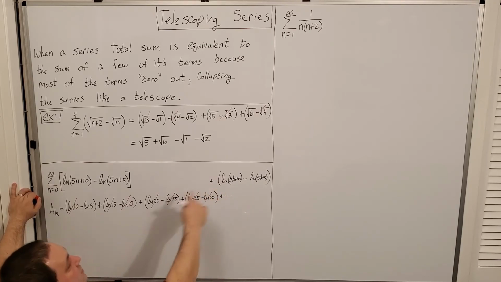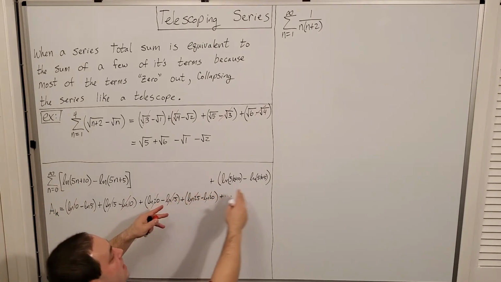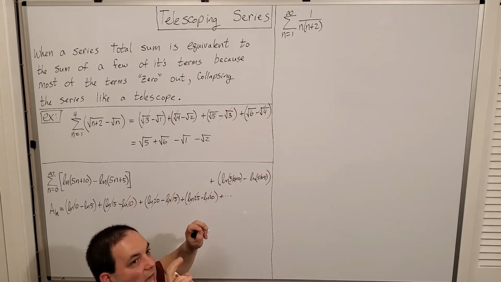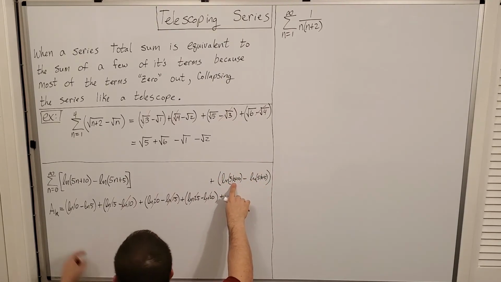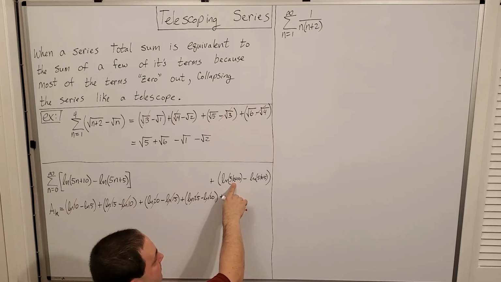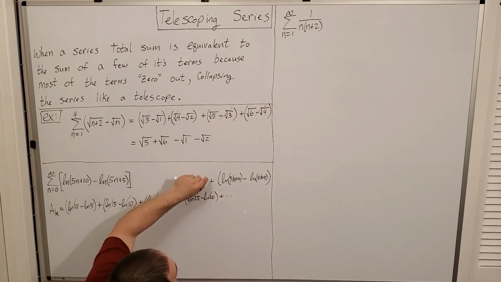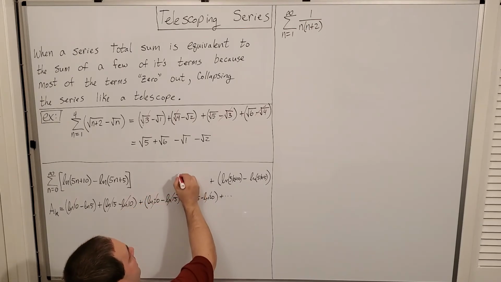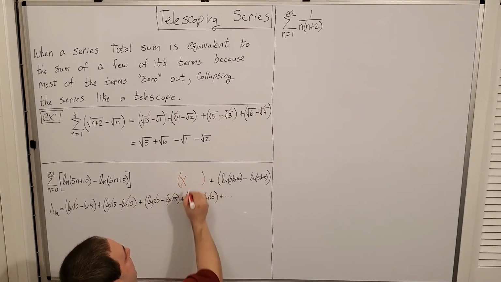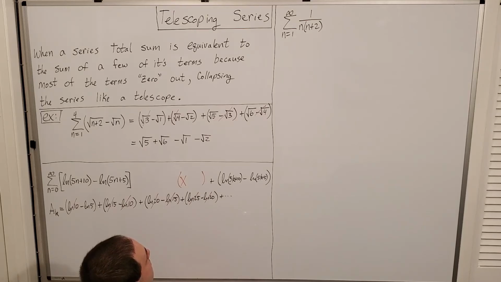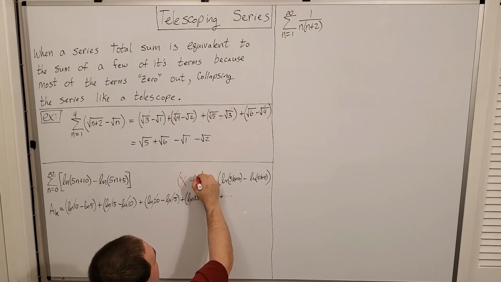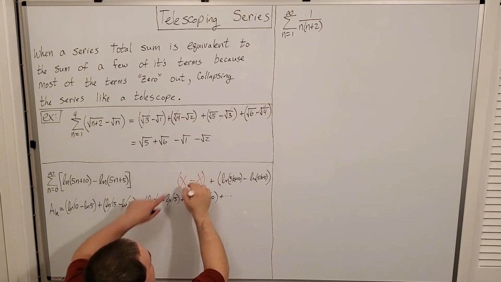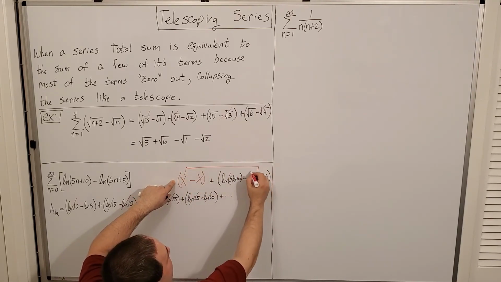And then so on and so on until I get to the end. And technically, this is the quote-unquote last one because it's k, and I'm doing a sub k. So what's going to happen is the term right before this one is going to have his first one cancel out. Okay? This one will already be gone from the one before him. This one, though, is going to wipe out with this one.